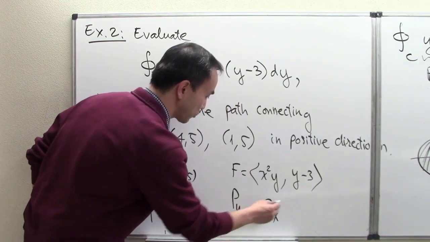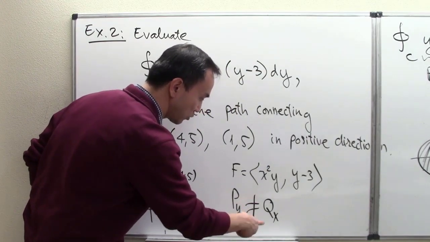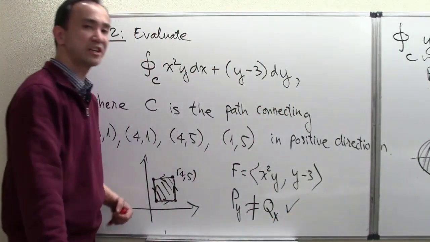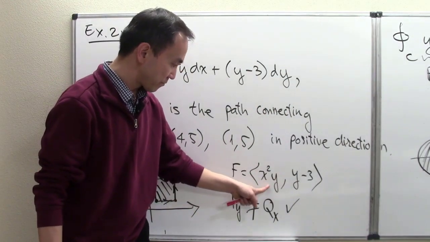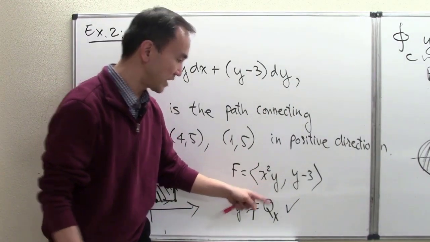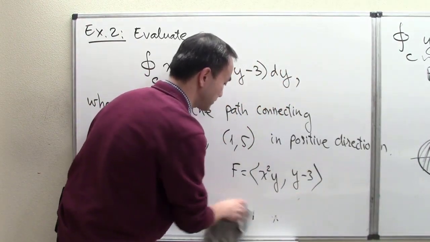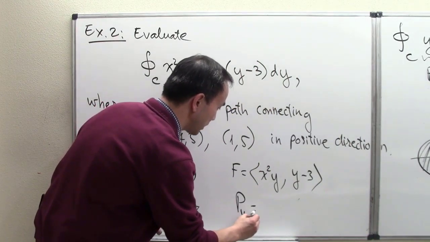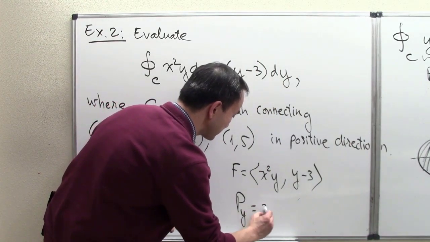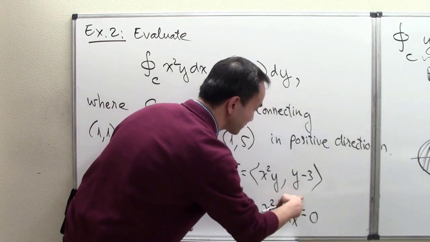It's easy to verify that Py is not equal to Qx, simply because Py equals x squared and Qx equals 0.